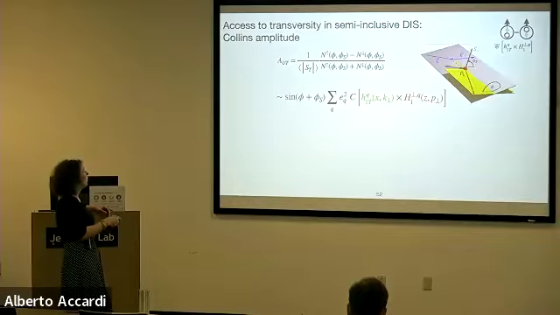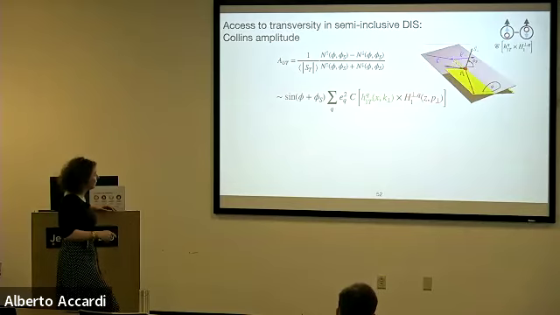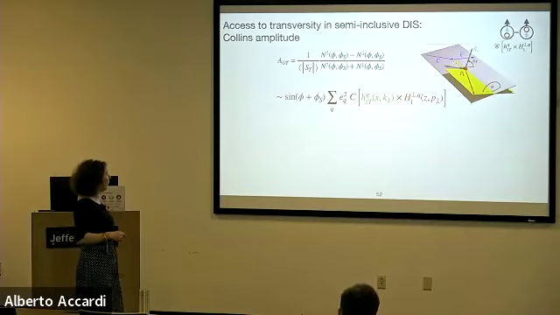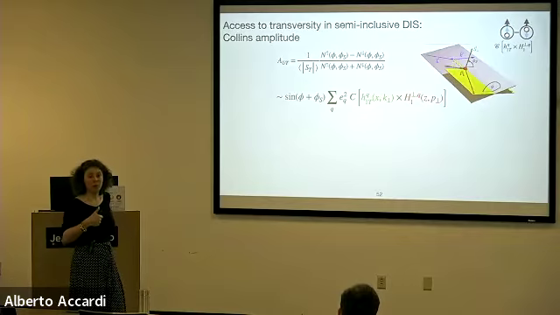And this asymmetry comes with a certain modulation, namely sine phi of these two angles I described before. And then your amplitude is a sum weighted by the charge squared of this transversity distribution and the fragmentation function, they call it the Collins fragmentation function, that describes the fragmentation of your transversely polarized quark into an unpolarized hadron.